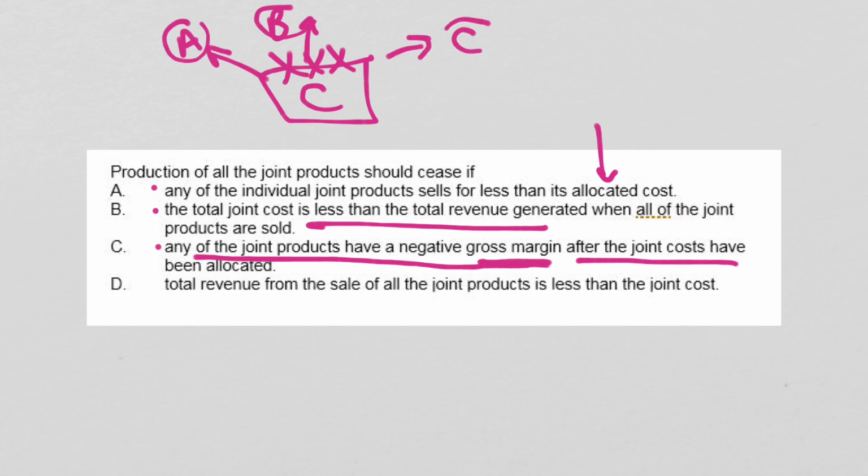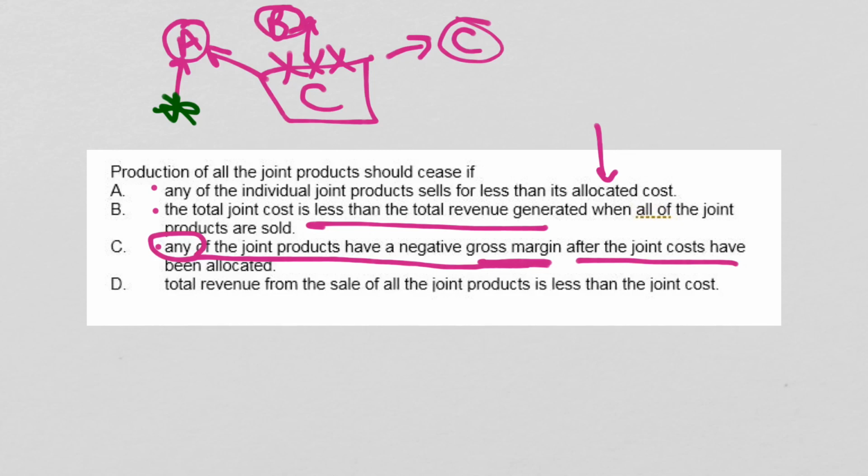and of the three of them, two of them are profitable, but one's not. That's why it says any of the joint products costs have a negative. This one might have a negative gross margin, but the result is that when you take into effect B and C with a significant positive contribution margin, it may be very well worth the company accepting the loss of product A as just part of the cost of doing business, and it's helping to get something out of the three products that are coming out of the cement box in this case.